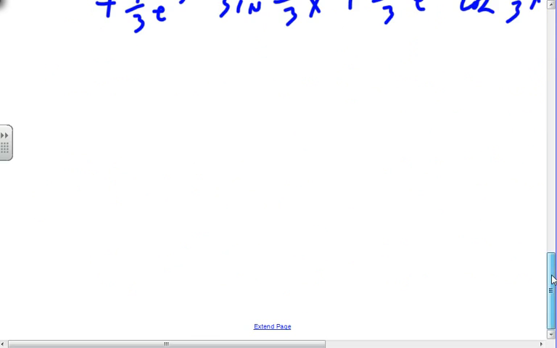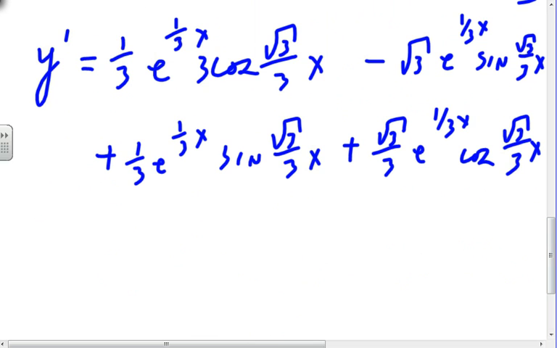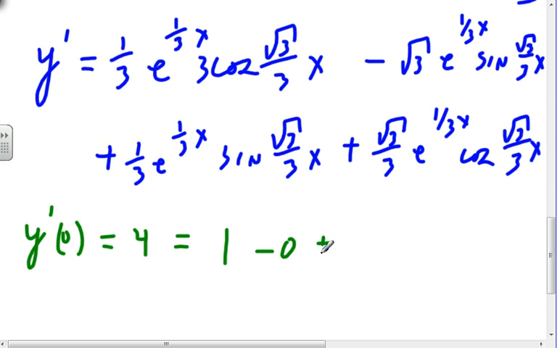Okay, now as long as I didn't space that off too badly, I can say y prime at 0 is supposed to be 4. Okay, this guy is 0, that guy's 1, this guy's 1, I've got a 1. I've got a minus 0, I got a plus 0 for those two guys.